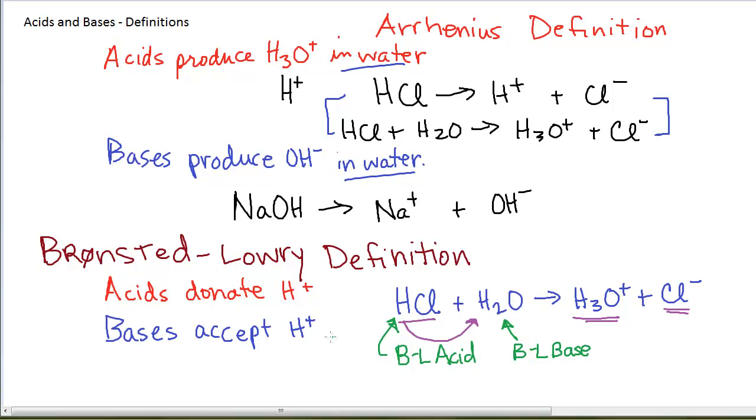As we look at a reaction where we have a Bronsted-Lowry acid, we will have a Bronsted-Lowry base, because the acid is going to donate the H+ to something, whatever it's reacting with, and whatever that is will be called the Bronsted-Lowry base. So we have these two in conjunction. Let's look a little bit more at Bronsted-Lowry reactions of acids and bases.